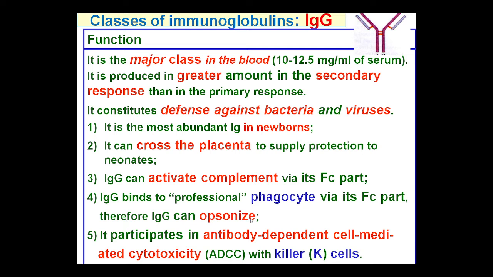Therefore, immunoglobulin G can opsonize. You remember that opsonization is the process of enhancing the immune response, enhancing phagocytosis, the engulfment of microbes, due to the presence on the surface of these microbes of special adsorbed molecules that are recognized and attract the phagocytes to this opsonized microbe.